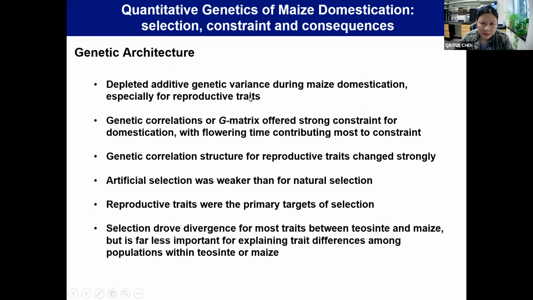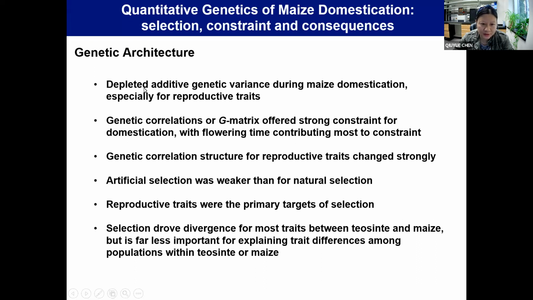So now let's take a brief summary of what we observed from all the analysis. The genetic architecture of maize domestication reflects the following results.